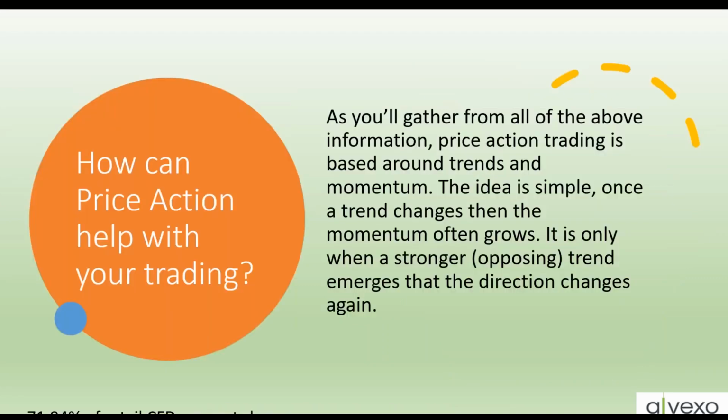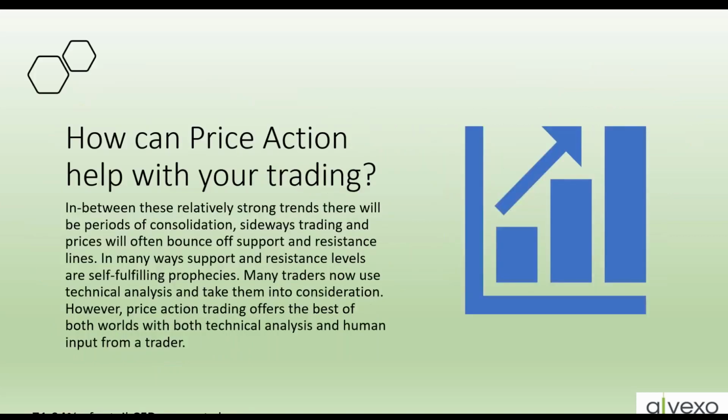As you gather information from the above, price action trading is based around trends and momentum. The idea is simple. Once a trend changes, then the momentum often grows. It is only when a stronger opposing trend emerges that the direction changes again.